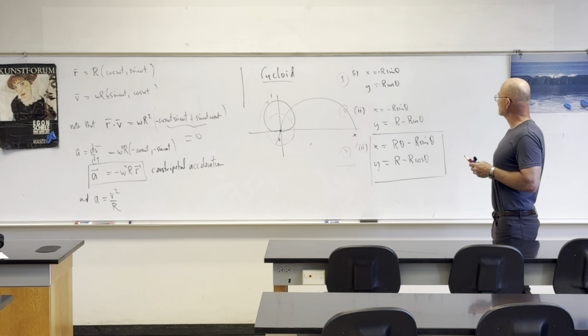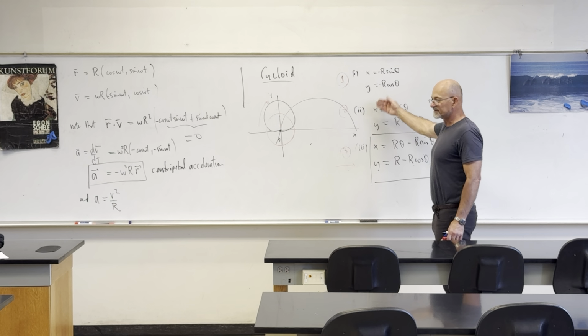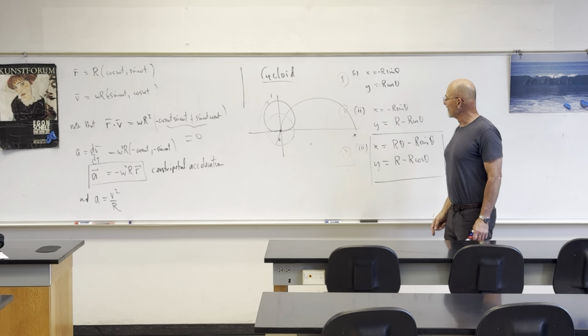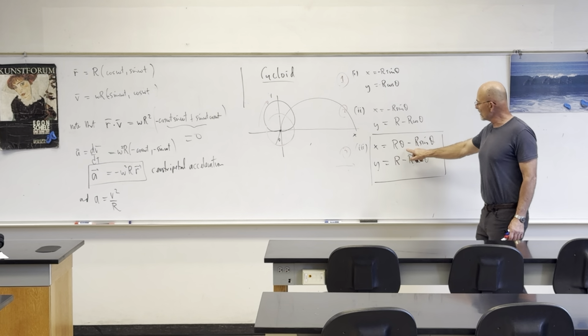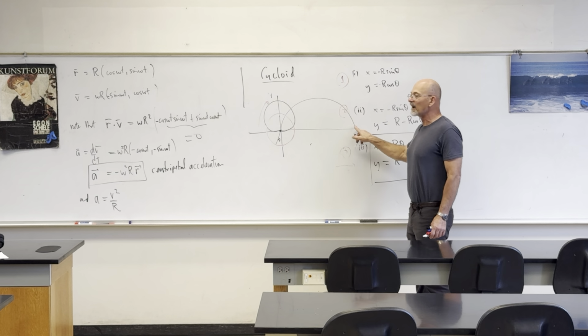Okay, good. That's all we're going to do today. We've got the cycloid, and we're going to start doing dynamics of motion along systems that can be written like this. This is called a parametrization of a curve. The parameter is theta. Theta runs from 0 to 2 pi.